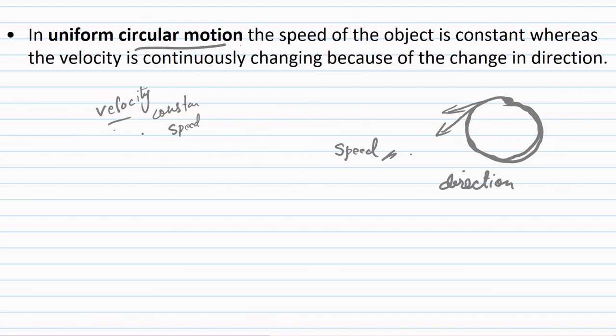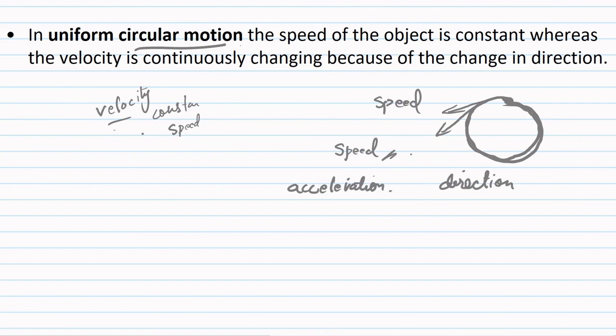So because of the change in direction, we say that its velocity is also changing, but still we call it uniform circular motion when the speed is constant, but the velocity is not constant because of the change in direction. So it's actually being accelerated also because of this change in direction, because the velocity is changing.